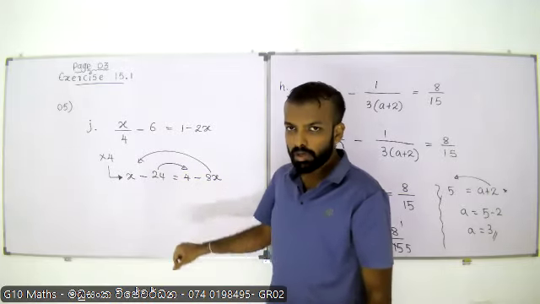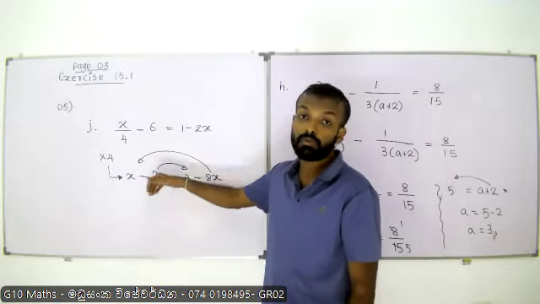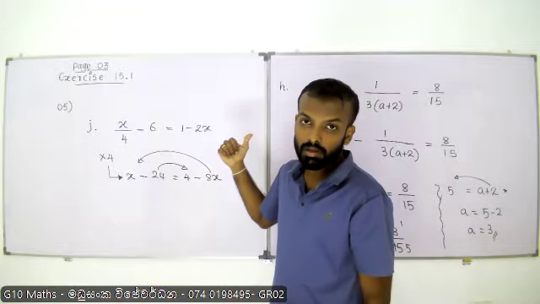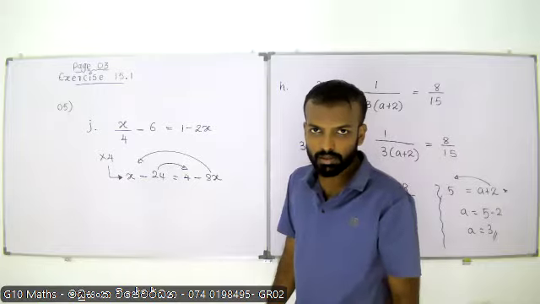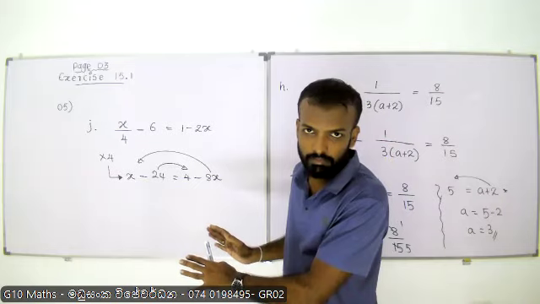Here I have minus 24, so I need to take it to this side. So minus 24 goes to that side, converting to plus 24. Imagine, reduce the number of steps each and every time.